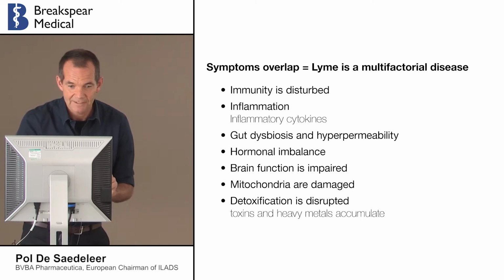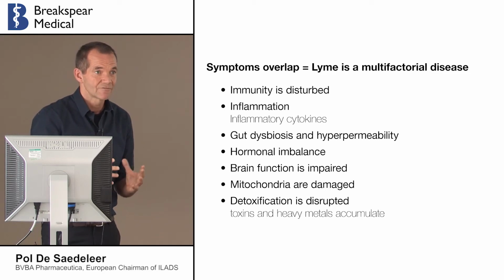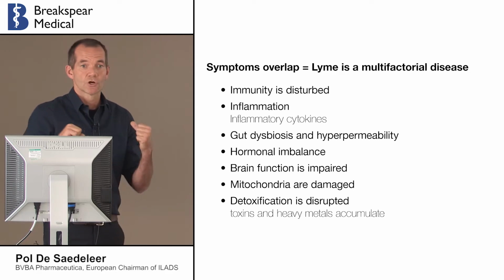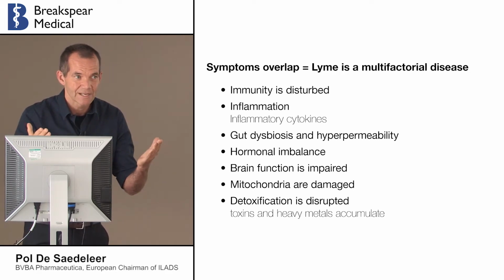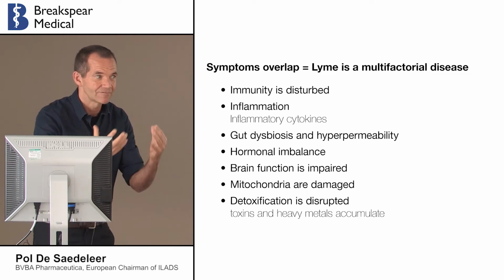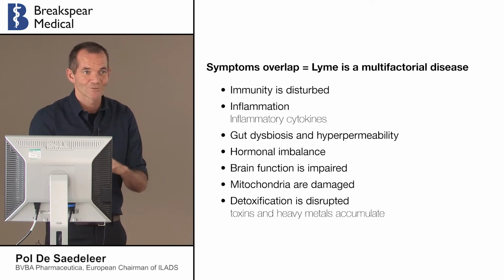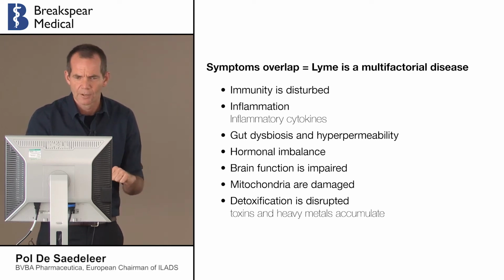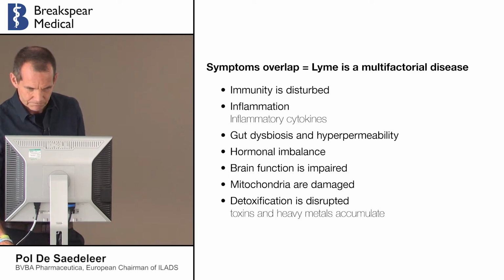And never forget, in these circumstances, our own detoxification system is disrupted. So all toxins and heavy metals that we normally should eliminate accumulate. And if they accumulate, they will mainly accumulate in our brain and cause more neurological problems. But we will detail this further in my presentation.